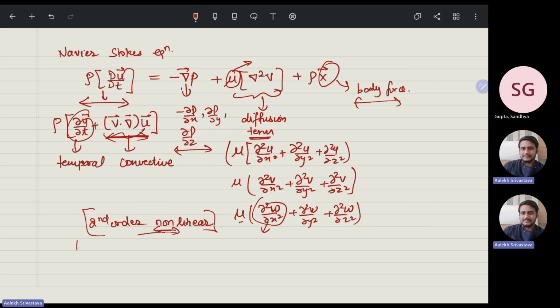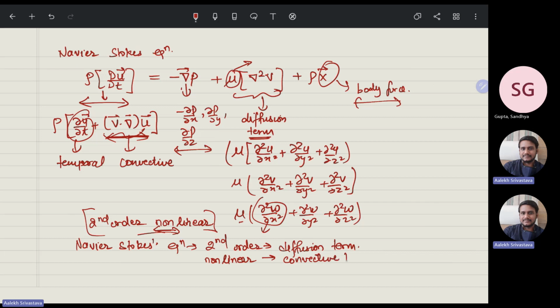So in the Navier-Stokes equation, if someone asks what is bringing the second order here, the diffusion term has a second order, and what brings the non-linearity in the equation? It is the convective term. Why the convective term? Because it is u into del u by del x. So if the same unknown is multiplied together, it is called a non-linear term.